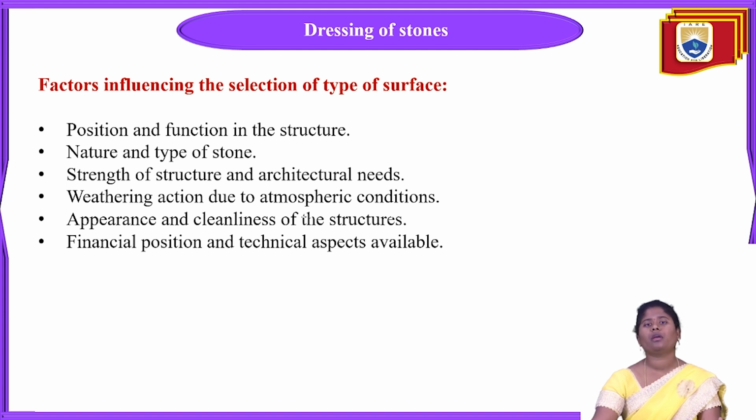We have to know everything about that rock before using it, and it can be used for architectural purposes also. For example, smooth stones can be used for decorative purposes. Nowadays, in elevations, some people use these smooth stones for decorative purposes also.